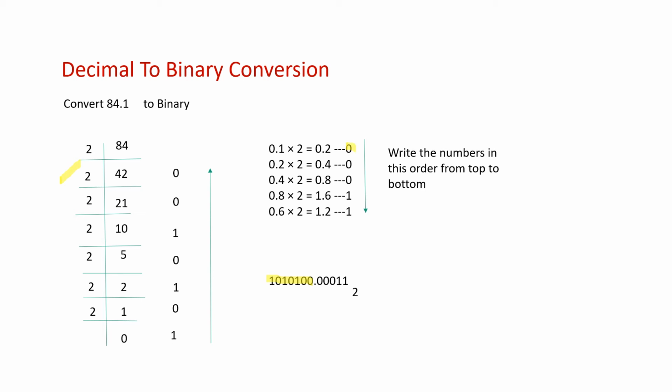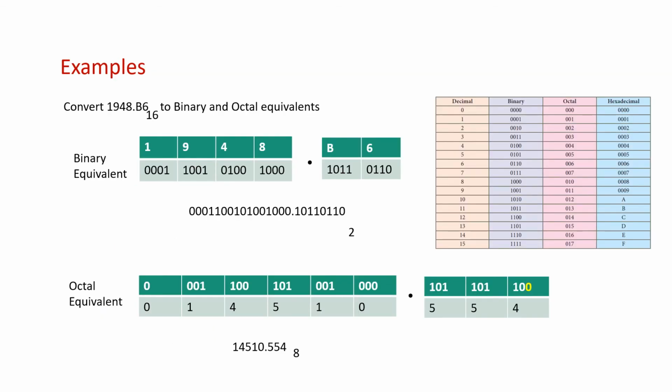You should see that we note down the numbers from the top to the bottom, and so we can say that 84.1 is the same as 1010100.00011.